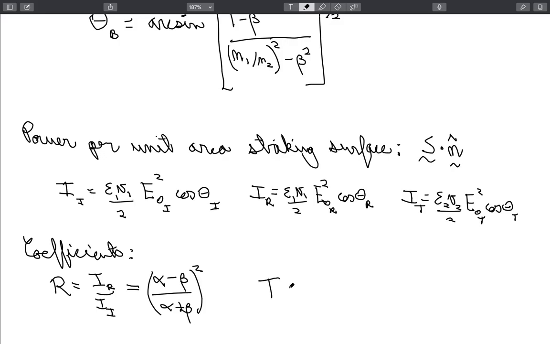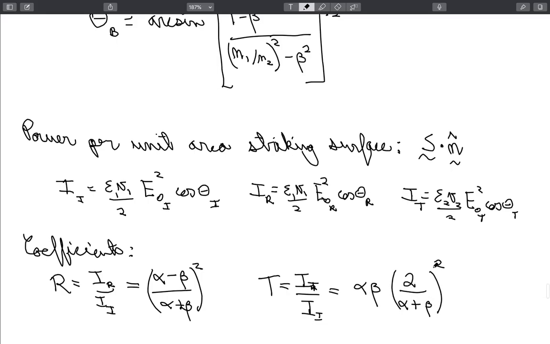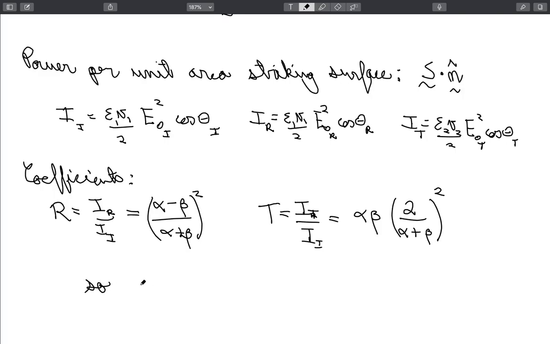And the transmission coefficient, once again, is the intensity in the transmitted wave versus the intensity in the incoming wave. So that's again the ratio of this versus this, epsilon 1 v1 with epsilon 2 v2. When you put it together and rewrite it in terms of alpha and beta, you get something quite similar to what we had before. So once again, R plus T equals 1, as expected.